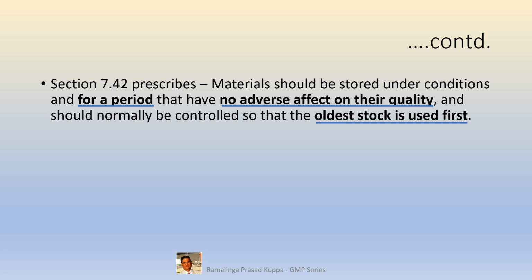It means that the material should be stored until its expiry period is reached. Expiry date means that the material should be used in the process within that period only. Oldest stock obviously means that the material was received on the earlier date. Materials already in stock should be used first.